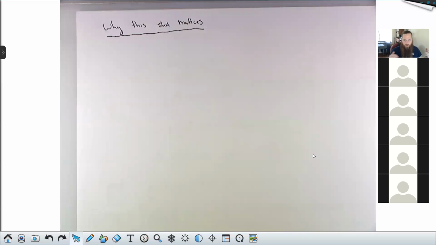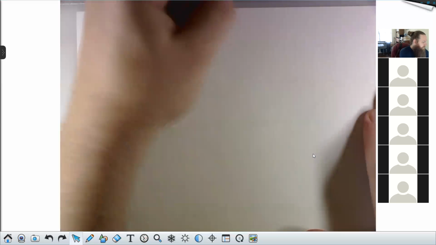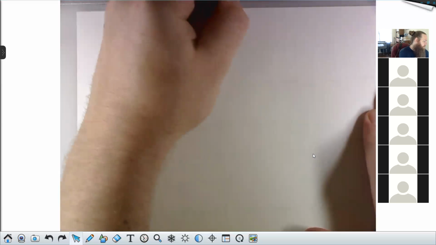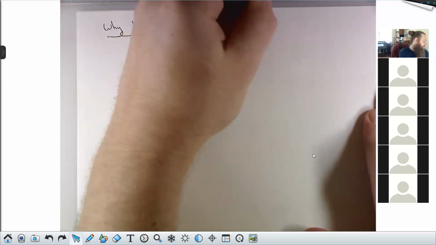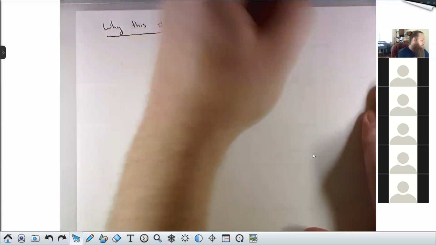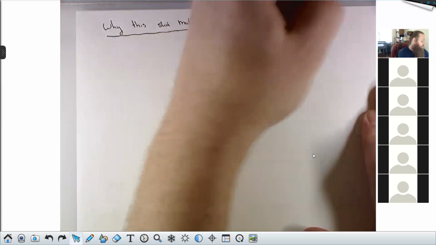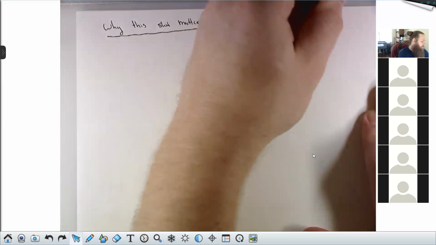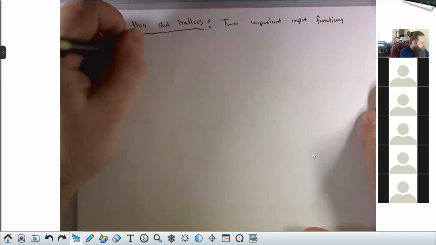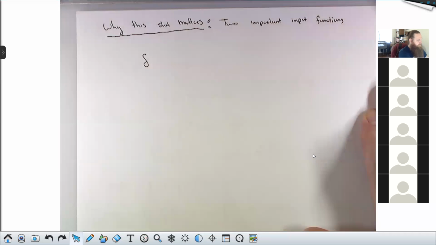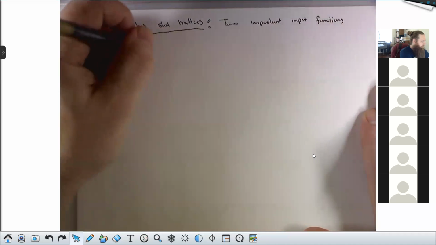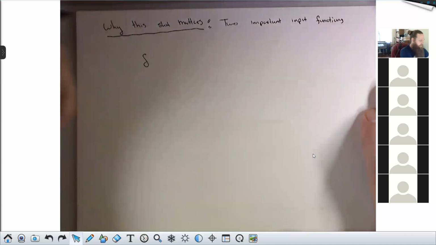Aside from the sines, cosines, exponentials, and polynomials that we've been dealing with as input functions, there are two very important input functions. One is called the delta function. It's really not a function.